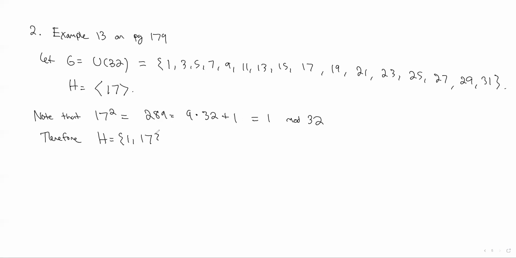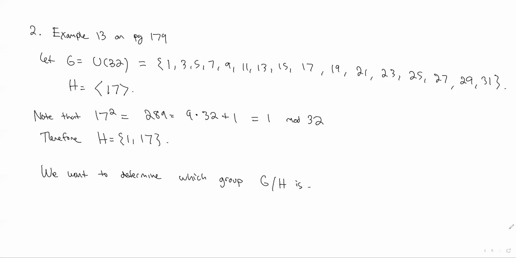So 17 has order 2. If you take all the powers of 17, you just get either 1 or 17 mod 32. Okay, so those are the elements. And then what we want to determine is which group G mod H is.